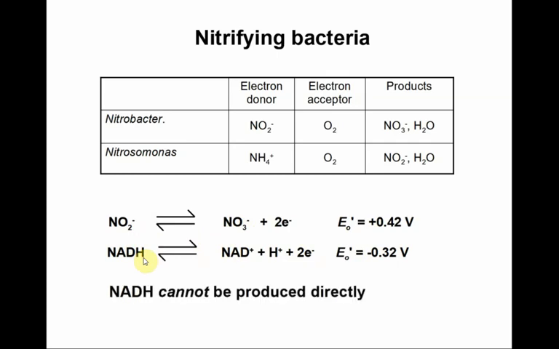Well, the only thing the bacteria can do is this: NO2 minus to NO3 minus gives you two electrons. They've got to go to an electron transport chain, and somehow this will be coupled to proton transport.